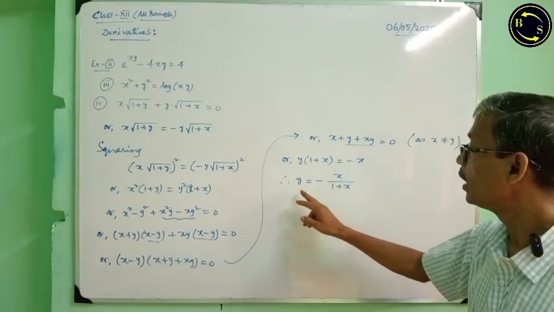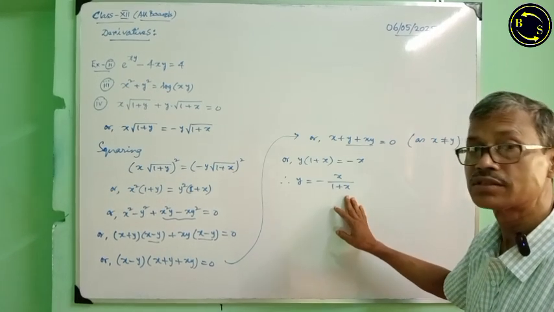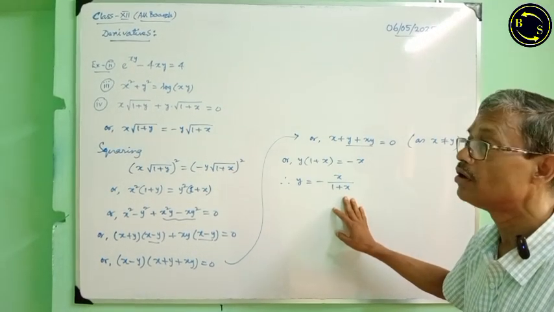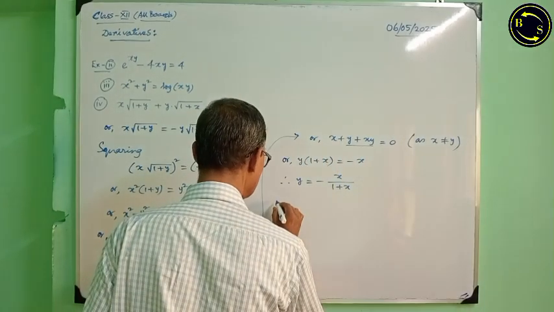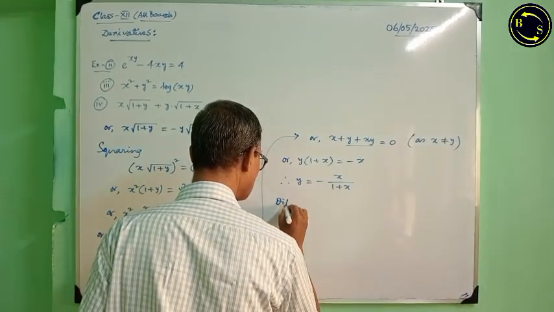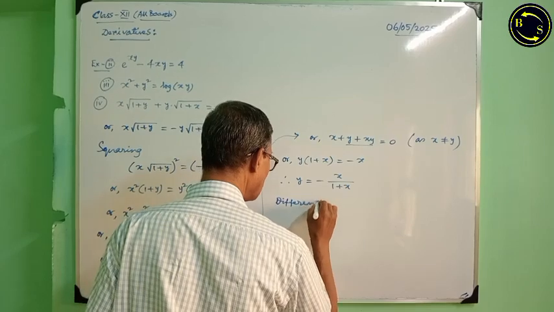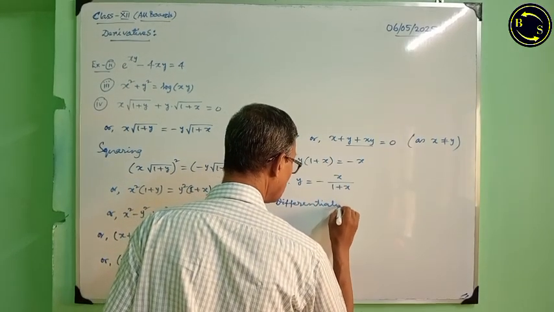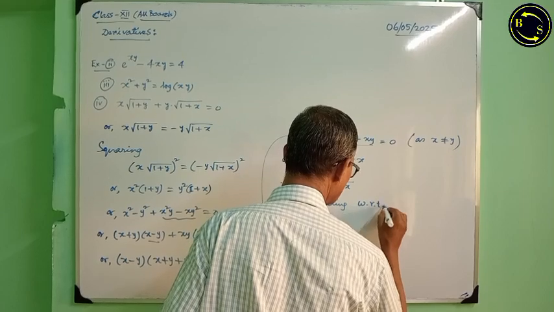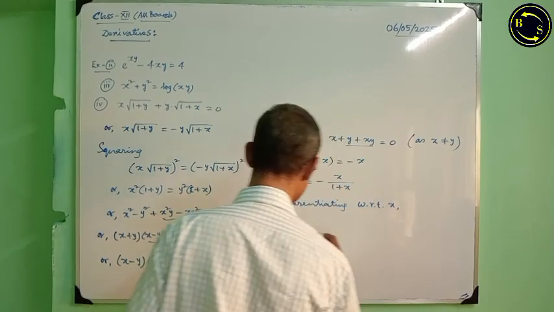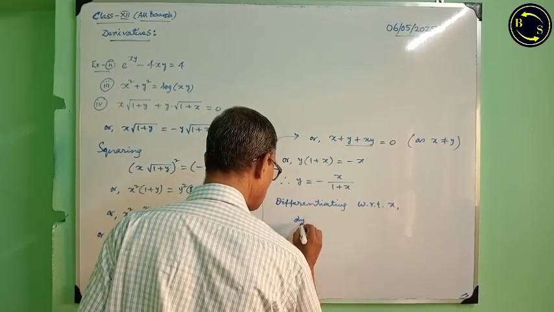Now, y has been expressed in terms of x. Therefore, there is no difficulty of finding dy dx. Differentiating with respect to x. Left side will be dy dx.